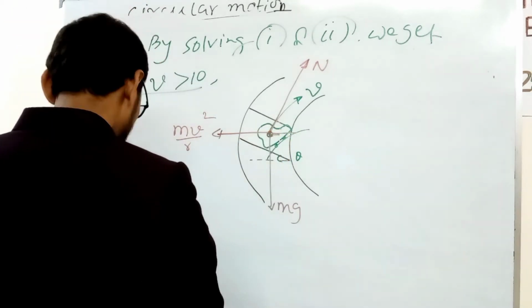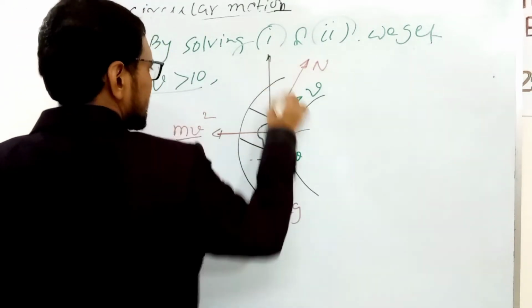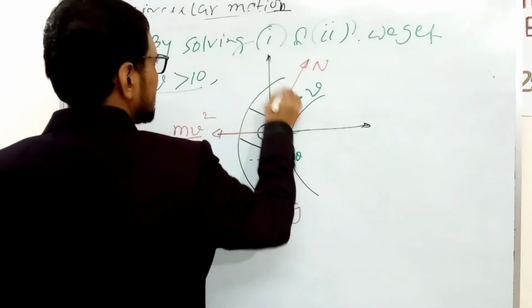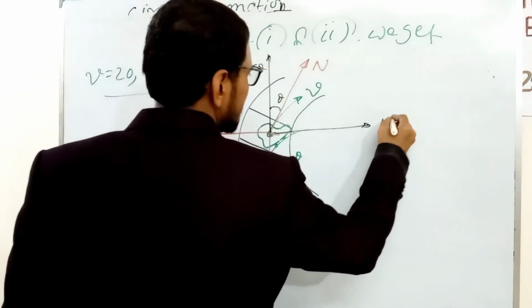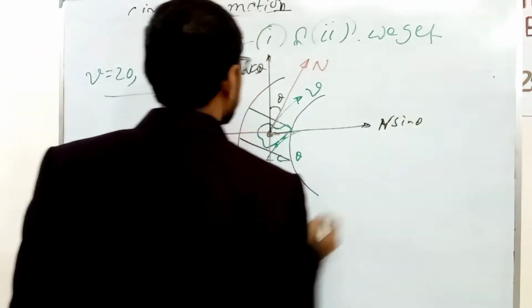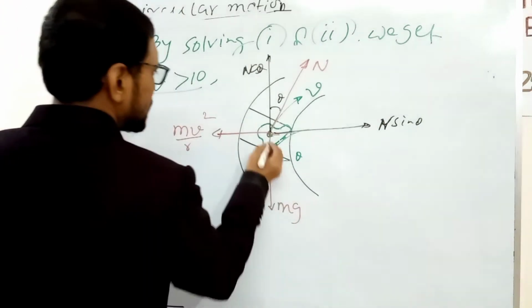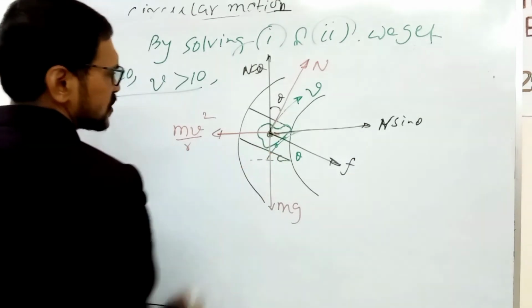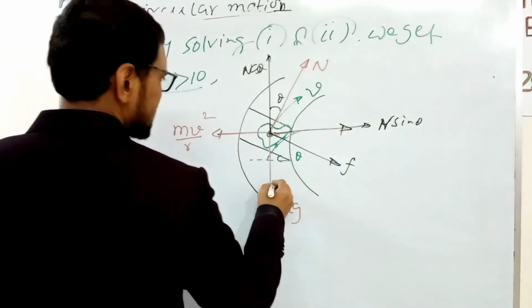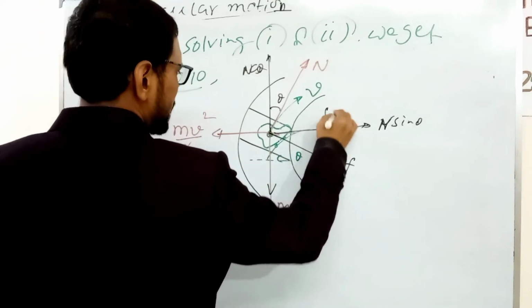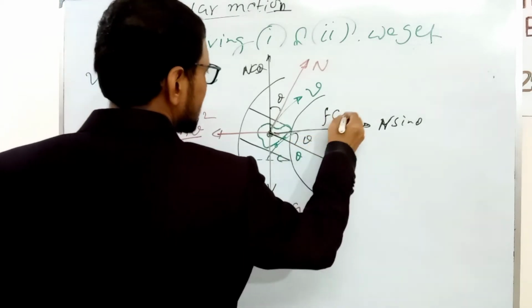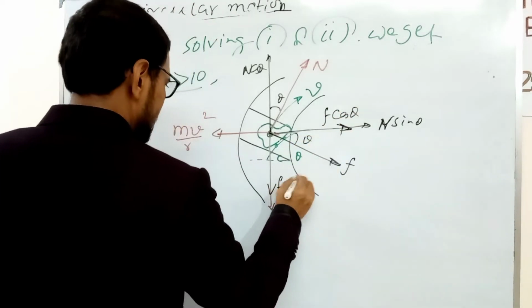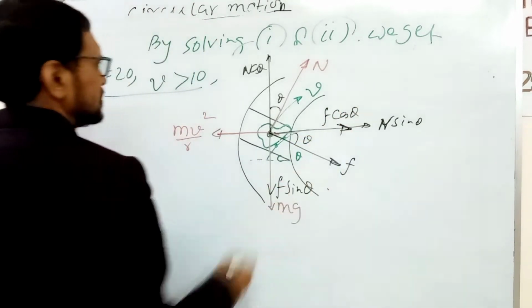Now resolve n along two directions, this and this. So this is theta, n cos theta, n sin theta, mv square. Now friction acts in this direction, so resolve friction along two directions, this and this. This is f, this angle is theta, so this is f cos theta, and this is f sin theta.